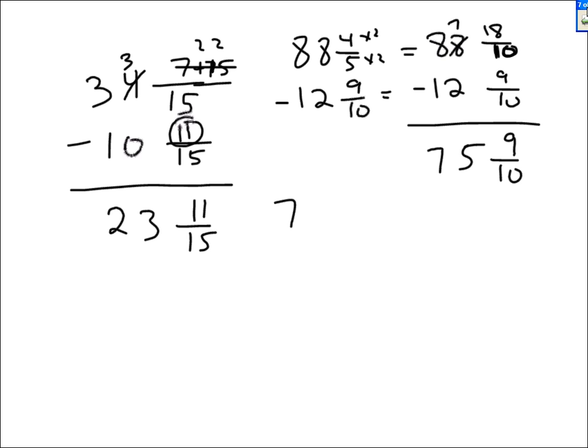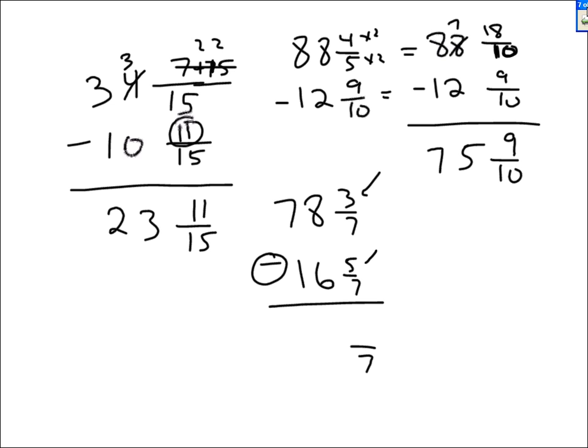If you are asked to do 87 and 3/7 minus 16 and 5/7, well, the fraction parts both have the same denominator. Subtract the numerators. Why subtract? Because it says to subtract. But you can't do 3 minus 5. You can't do that number minus that number.